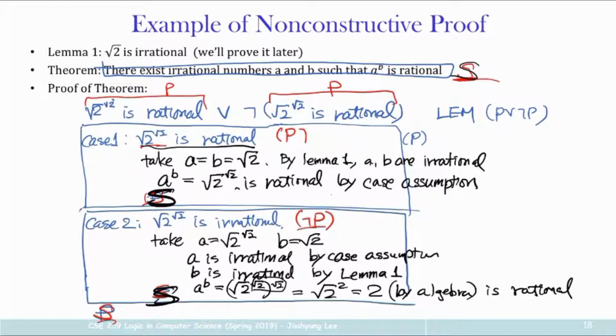So this S is again true because we found two numbers a and b such that both of them are irrational, but a to the power b is a rational number. Okay? So by the disjunction elimination rule, we don't know whether square root of 2 to the square root of 2 is rational or irrational, but regardless of the case, we can prove the given claim. We are done.